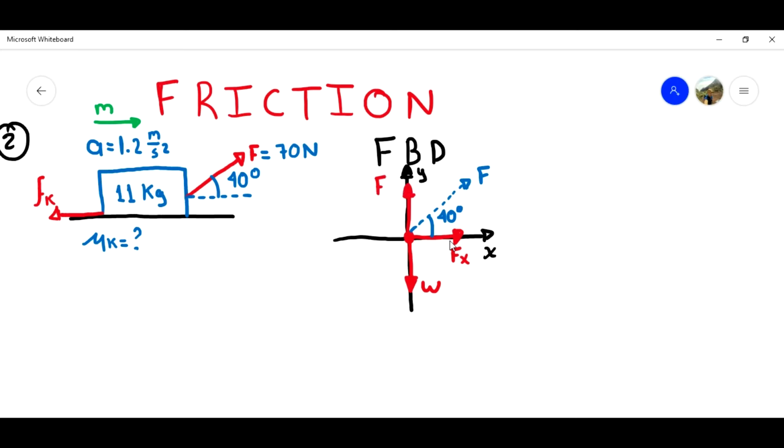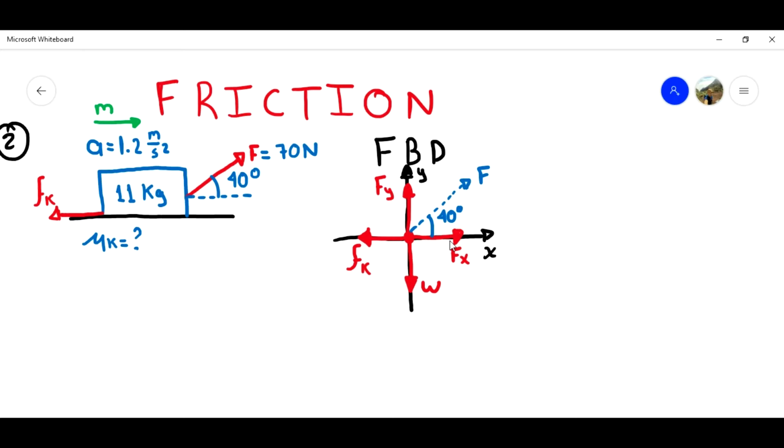Fy goes up. Of course, we got the kinetic friction force, and the friction force goes against the motion. So in this case, it points to the left, just like this. This is the kinetic friction force. And the object is over a surface, so they are in touch.